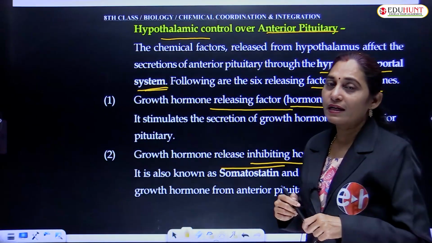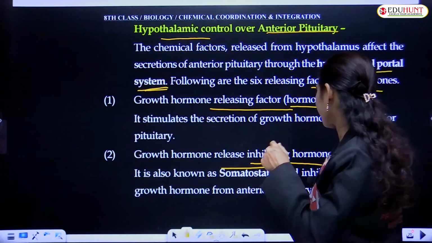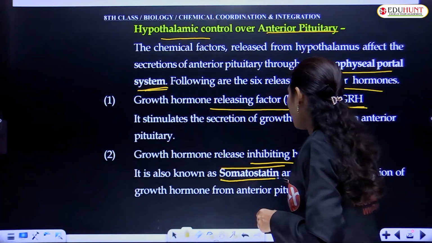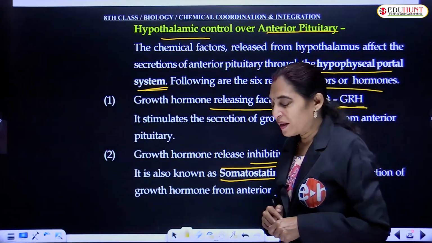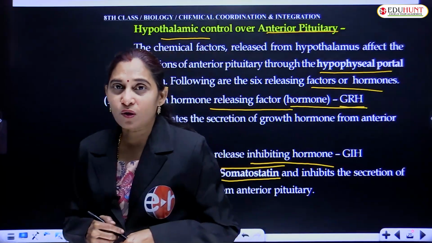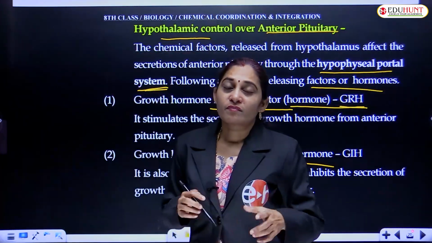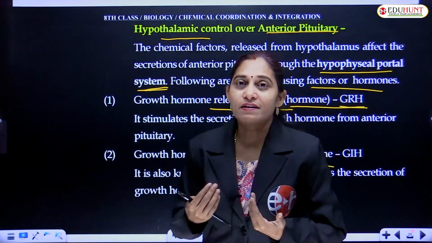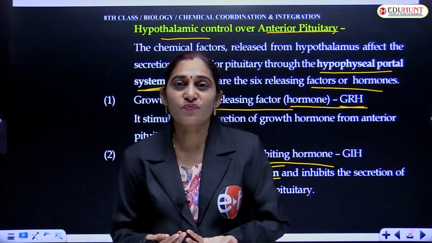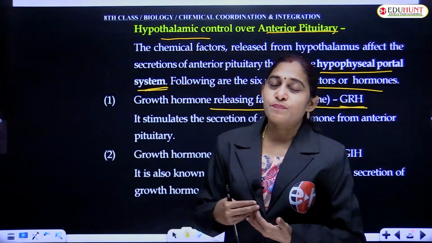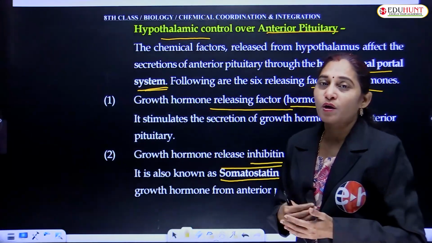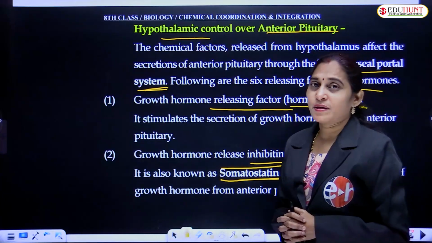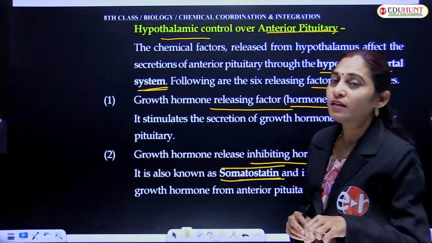Growth hormone release inhibitory hormone is known as somatostatin. Somatomedin is a protein that stimulates growth, promotes cell division, and promotes growth of the cells. In that way, it facilitates growth promotion. But somatostatins are the chemicals which inhibit the growth.